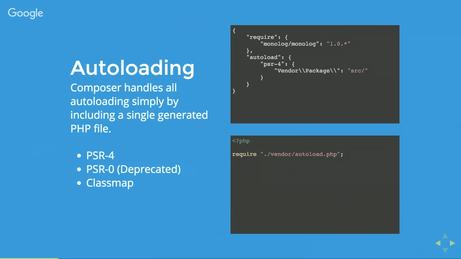Class maps can be useful if you have a lot of PSR-4 namespaces and are running into speed issues, or if you just don't like PSR-4 or whatever. Class maps work real well.